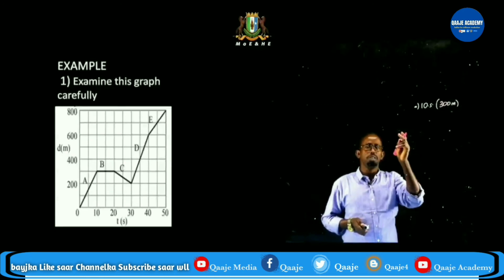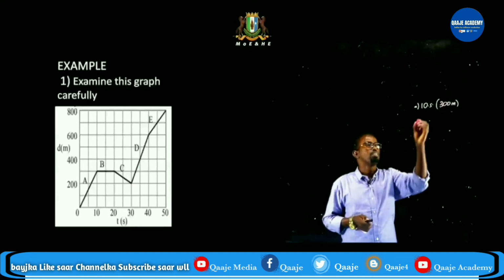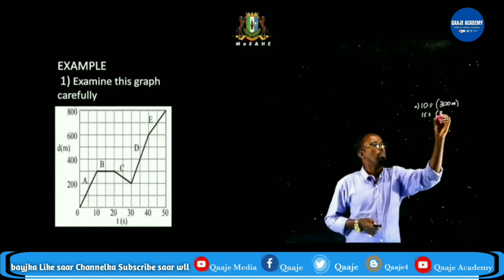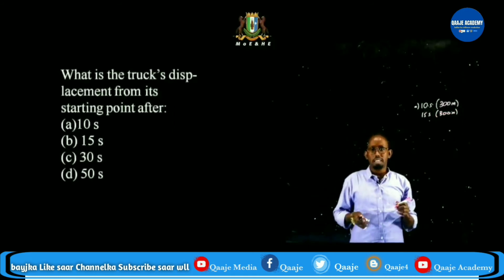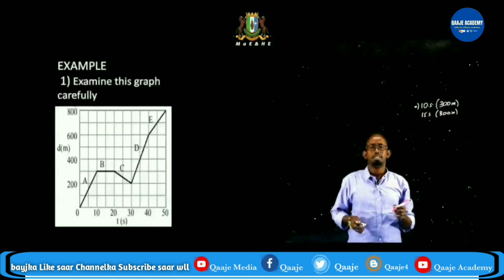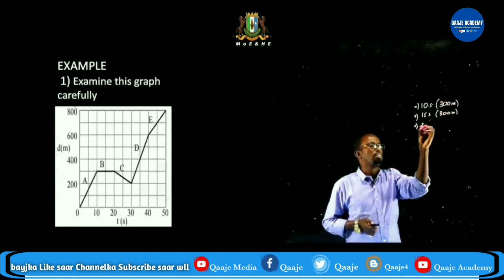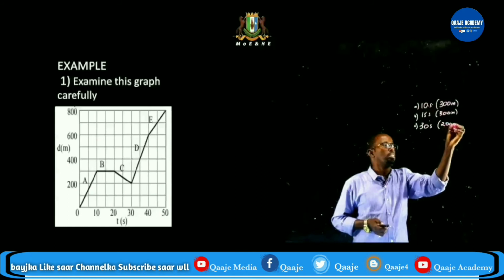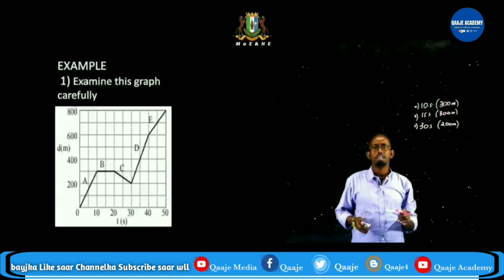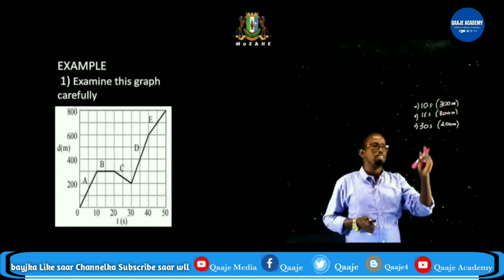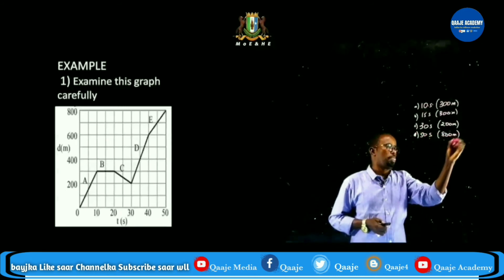That line, 15 seconds will be again 300 meters. 30 seconds is 200 meters. 50 seconds is 800 meters.